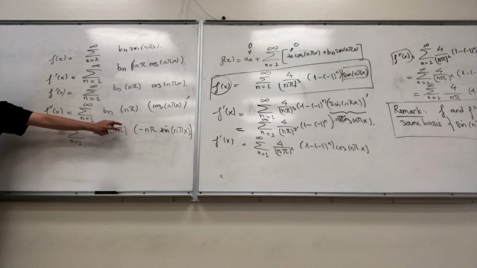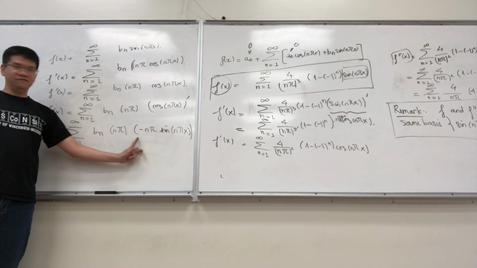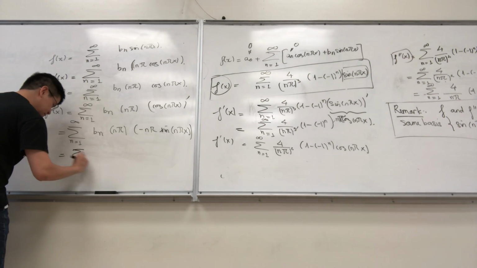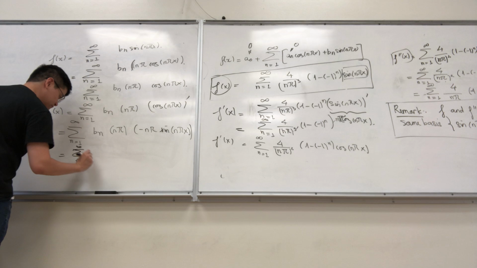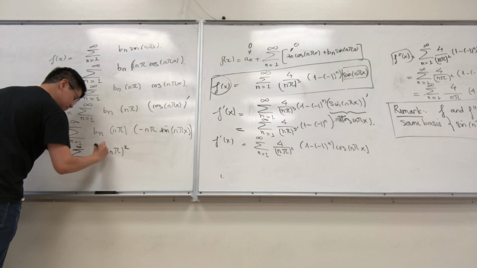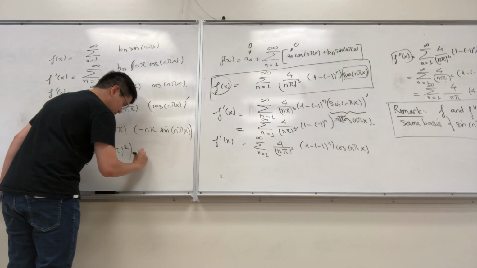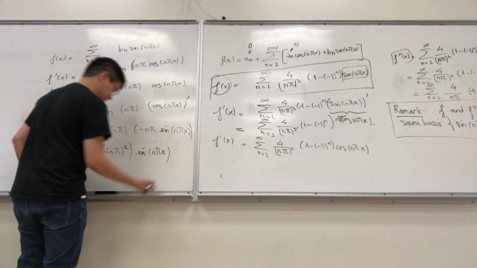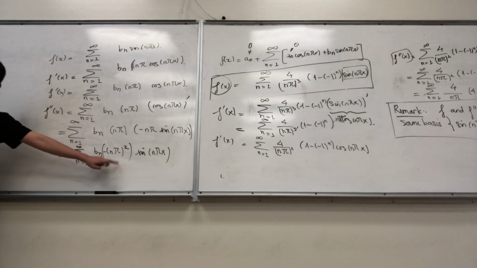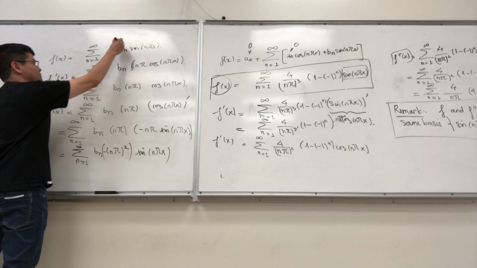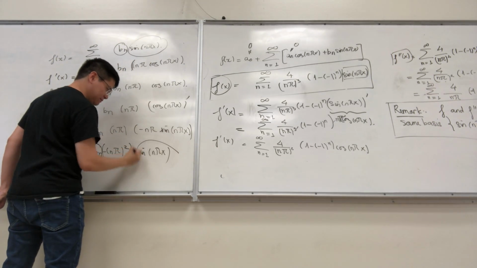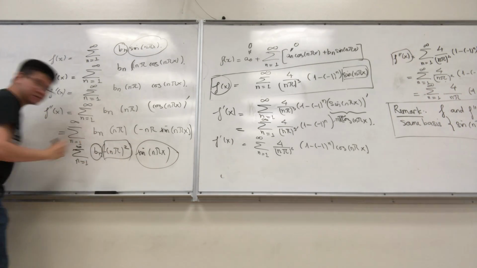So you differentiate the cosinus n pi x and it will give you minus n pi sinus n pi x. So what you get is the sum, n going from 1 to infinity, of b_n n pi squared with a minus, and then you have sinus of n pi x. Basically, it is the same series. The only difference is this factor. So the b_n will remain the b_n, the sinus will remain the sinus. The only difference is this factor.